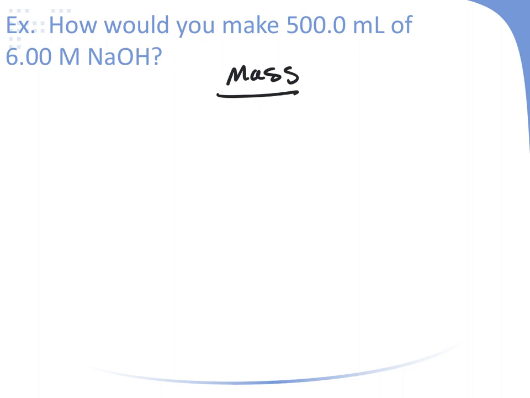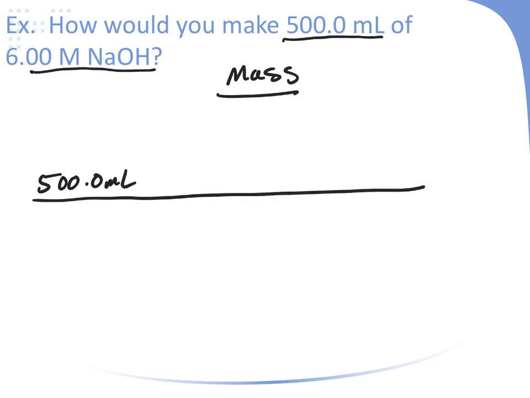So with my 6 molar NaOH, I'm going to do a little bit of dimensional analysis to find out the grams. What they've given me here is my 500 milliliters and my concentration of 6 molar. I'm going to change that 500 milliliters to liters, because molarity, like we said before, capital M, is the number of moles per liter.